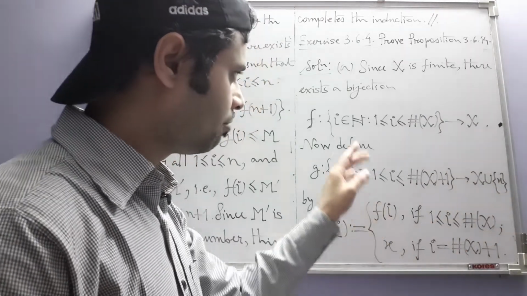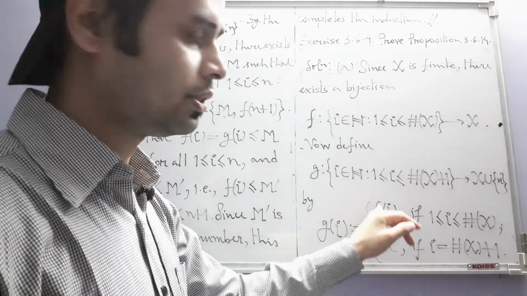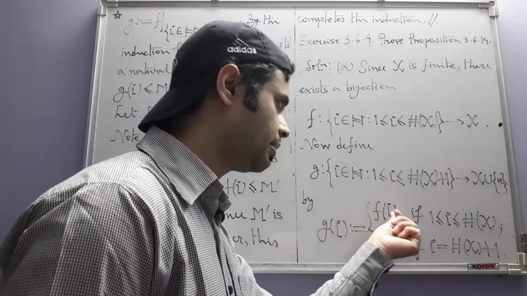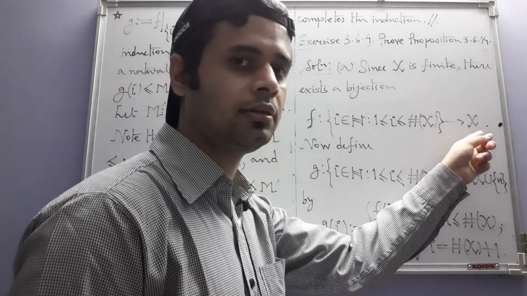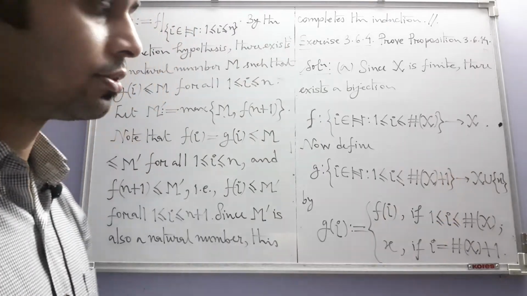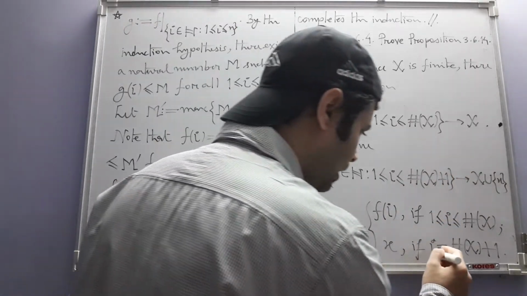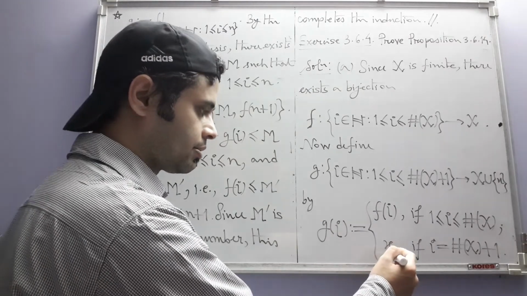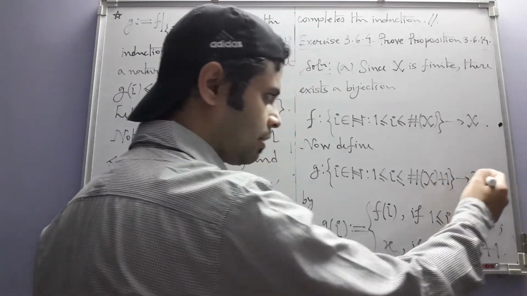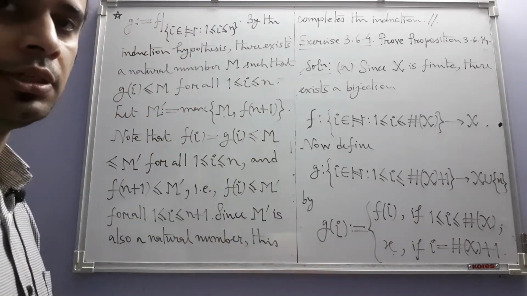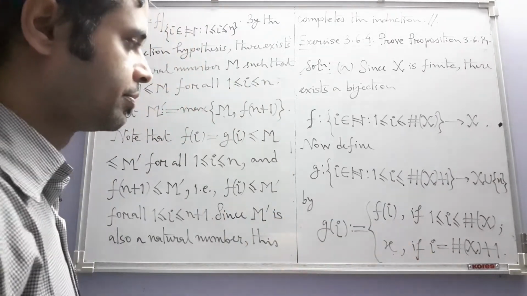And because of well definedness of f, the second thing we get is that this f of I for that given I is a unique element in X, so it stays unique in X union x also. If I has this value, then by definition g of I is x, which is in this union and which is unique. We don't have any other thing associated to g of I in this case. Okay, so g is a well defined function.